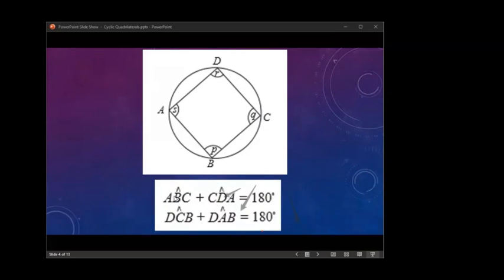In vertex notation, ABC (the P angle) plus CDA (the R angle) should be equal to 180, and DCB (the Q angle) plus DAB (the S angle) should be equal to 180. So that is the first theorem. That is also a property of cyclic quadrilaterals.